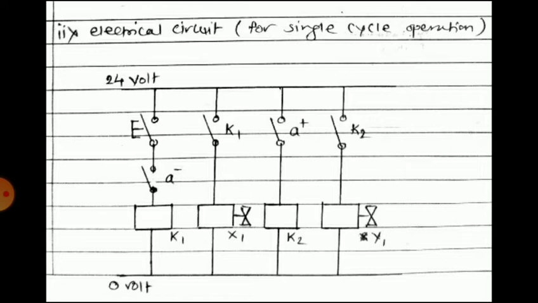So that is single cycle operation. And multi-cycle operation means after the return stroke of the last cylinder, the forward stroke of the first cylinder will start again automatically. Means the cycle repeats. That is called multi-cycle operation.